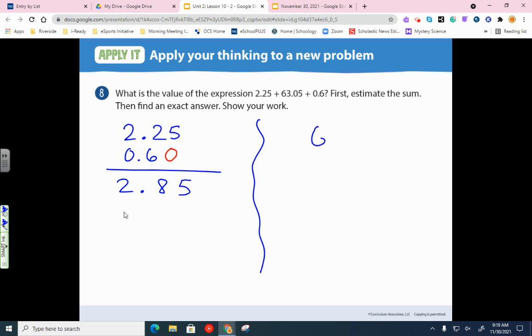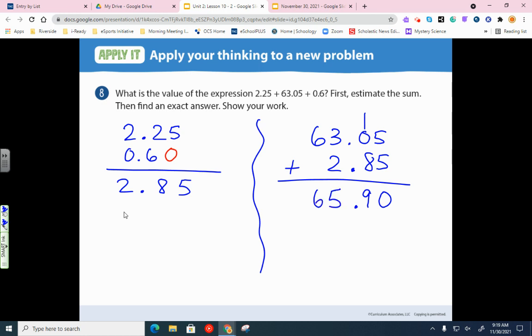Now over here, I have 63 and 5/100 plus 2 and 85/100. We add up 5 plus 5 is 10. Let's bring down my 0, carry my 1. Add up my tenths, 8 and 1 is 9. Add up my 1s, that gives me 5, and just bring down my 6.